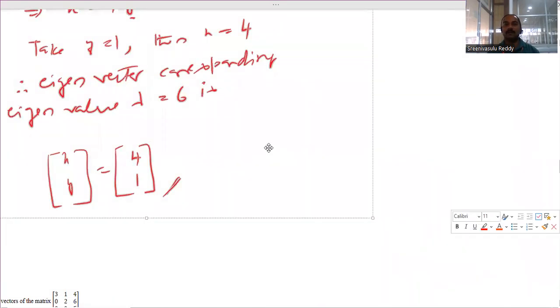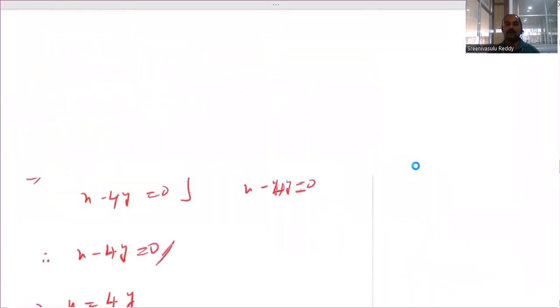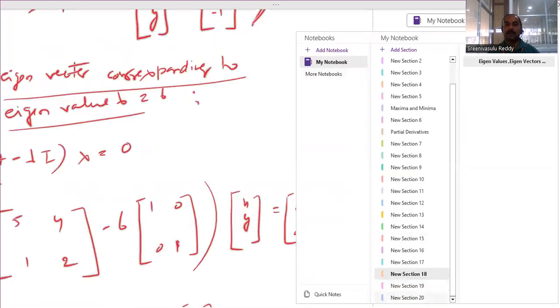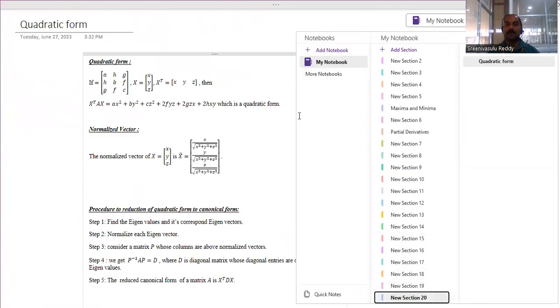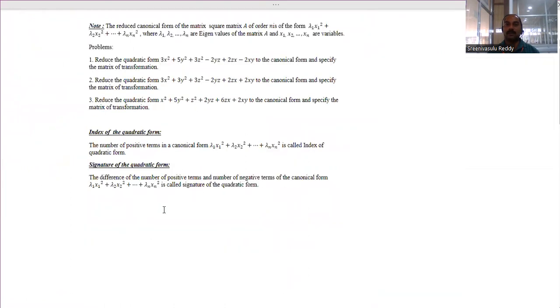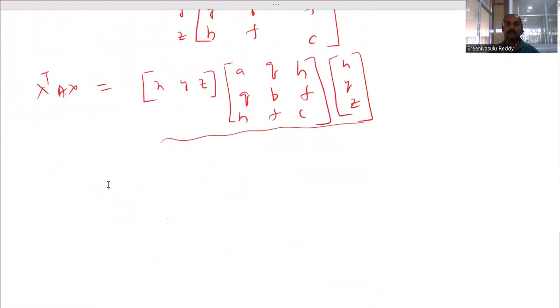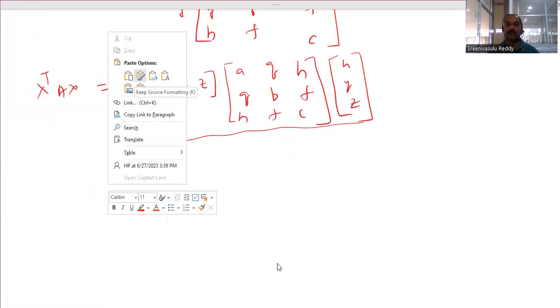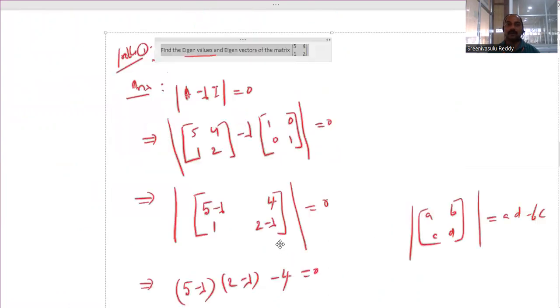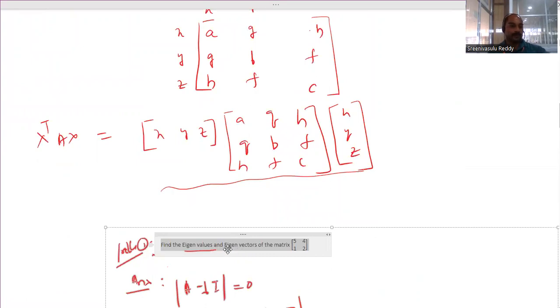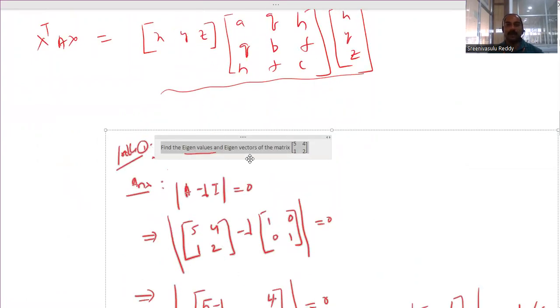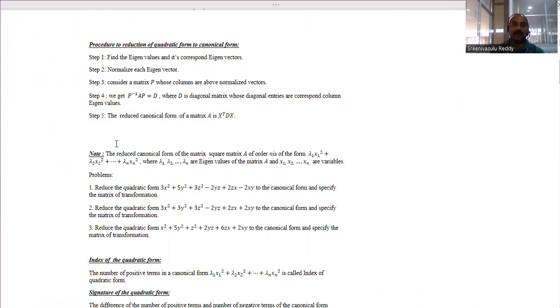Copy and paste in our document. Our document is the 20th document; in it I am going to paste here. Now the question is slightly changed. Now our question is not to find eigenvalues and eigenvectors, but to reduce the matrix A to canonical form.